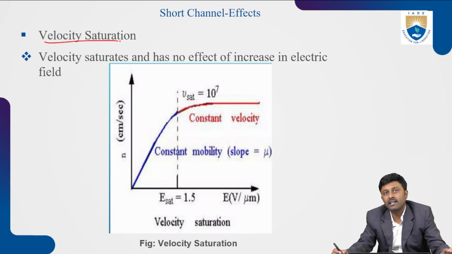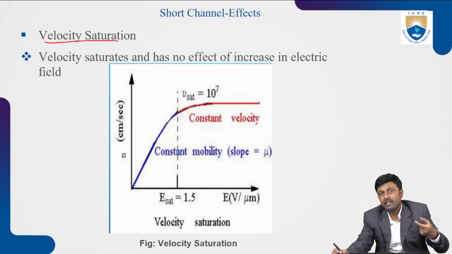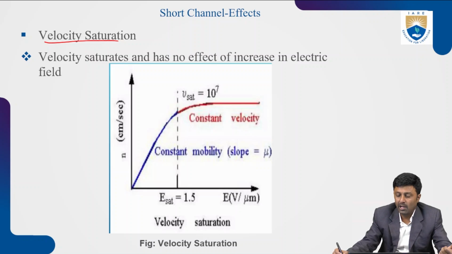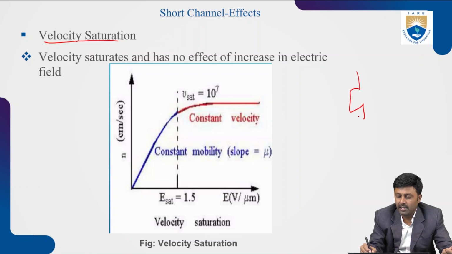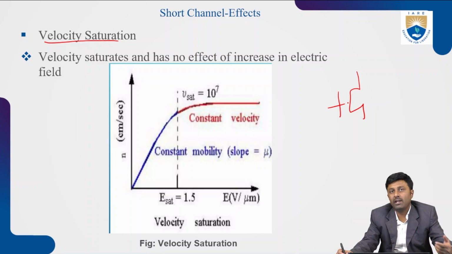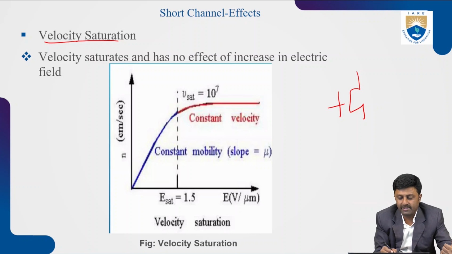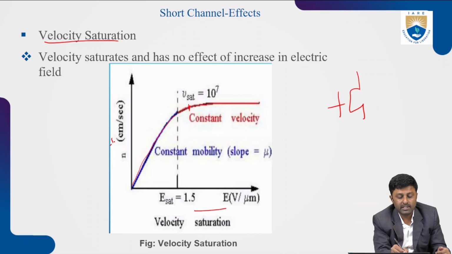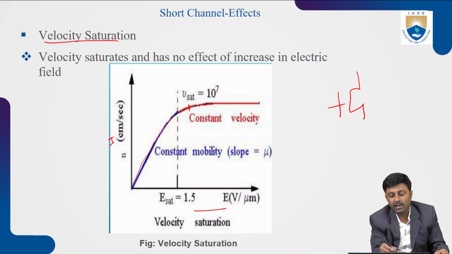Velocity saturation has no effect of increase in the electric field. If there is an increase in the voltage, as you can see in this graph, on the x-axis there is an increase in the voltage, and on the y-axis the current characteristic is shown. At some particular voltage, even if we increase the voltage, the current flow will become constant.